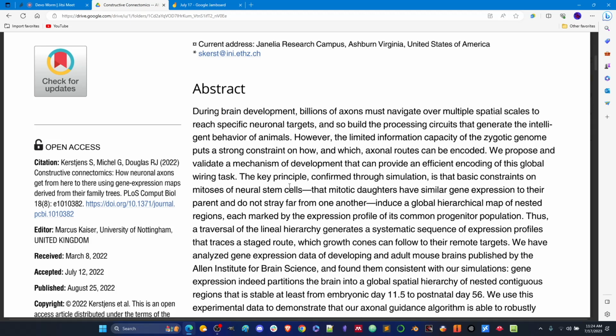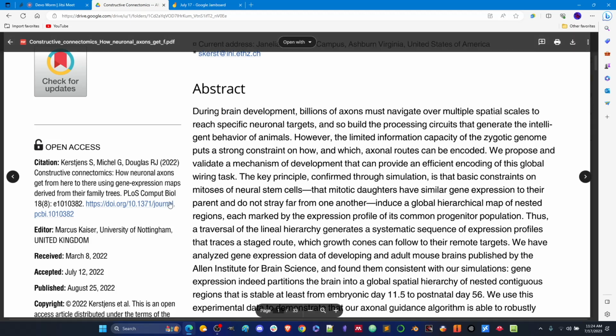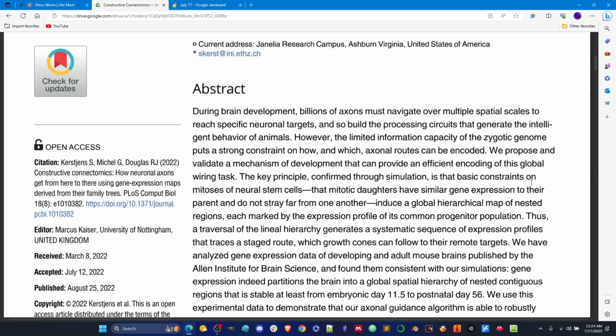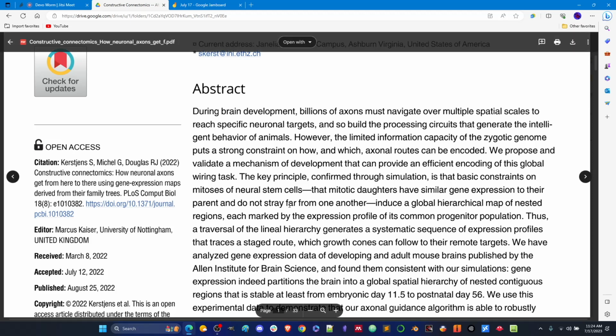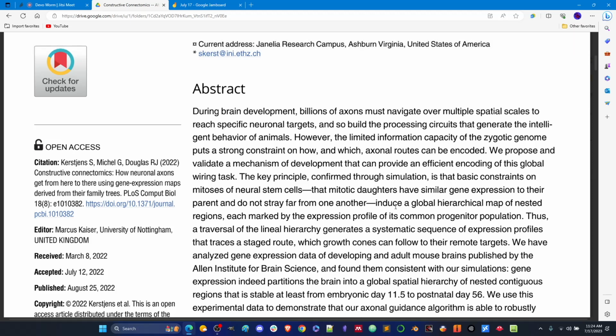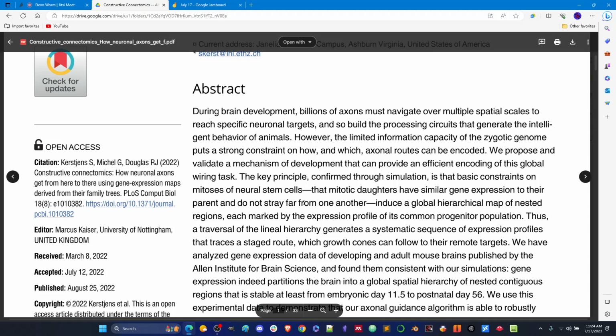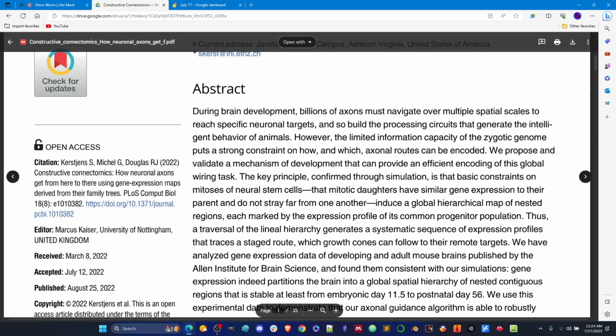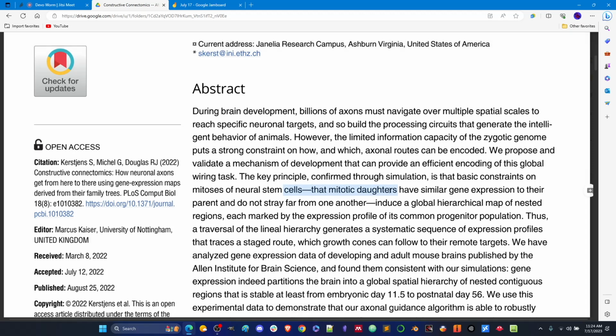The key principle, confirmed through simulation, is that basic constraints on mitoses of neural stem cells, that mitotic daughters have similar gene expression to their parent and do not stray that far from one another, induce a global hierarchic map of nested regions, each marked by the expression profile of its common progenitor population. So these are daughter cells that divide at the same time.